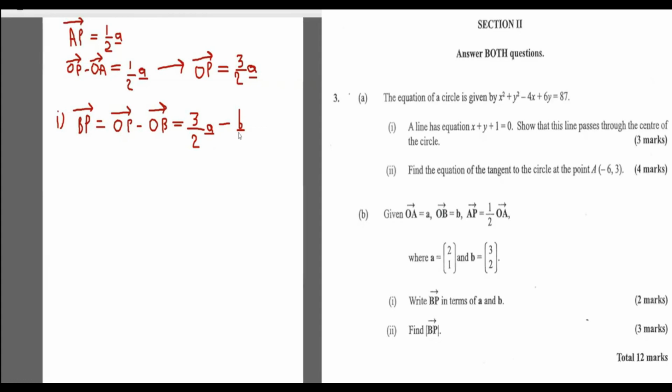Then the next part of the question says, find the magnitude of vector BP. In order to find the magnitude, we need to expand out what that is.